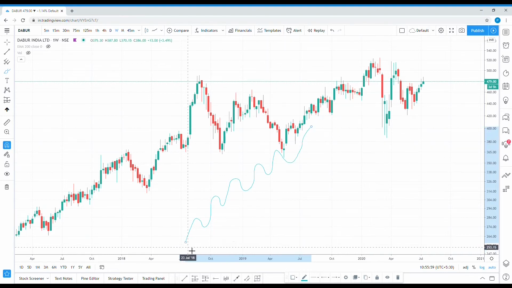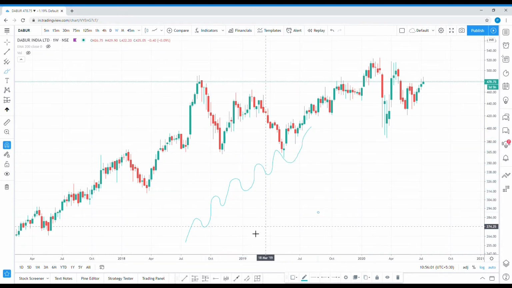I'll not make it complicated by using the terms higher lows and higher highs, I'll explain in simple terms. The stock was at a low price and it went up, then down, but this down is not less than the previous down, then up, then again the down is not less than the previous down. So it is moving up, but the downs are not less than the previous downs. The downs are also getting increased.